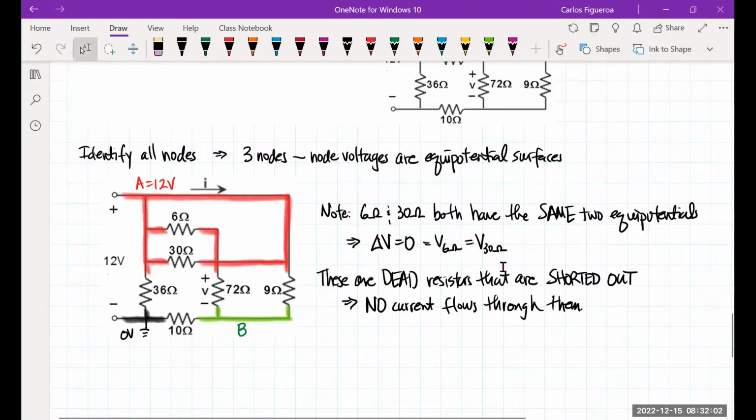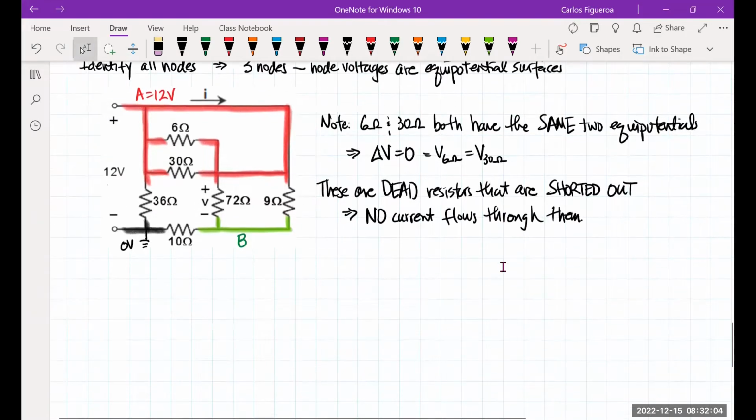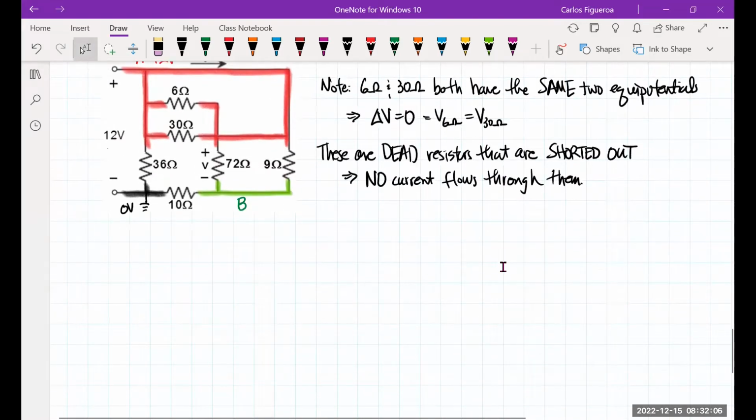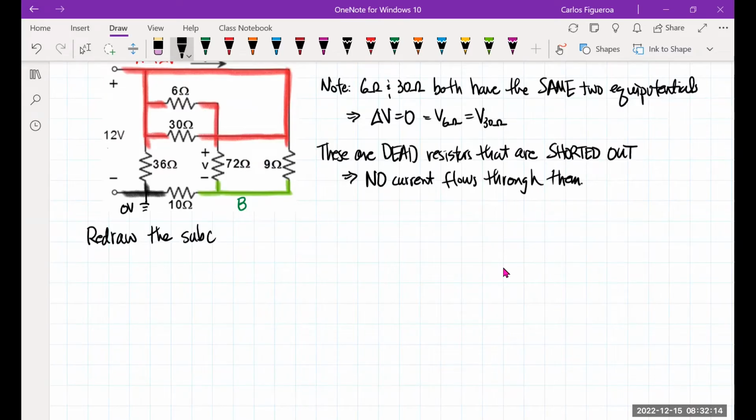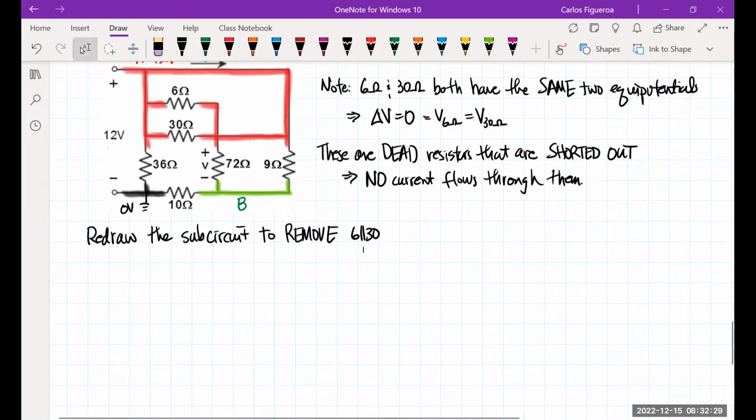So we want to be careful here, and we want to redraw this circuit now. Okay, so let's redraw this sub-circuit to remove the 6 parallel to 30. So the way I would draw it here is like this.